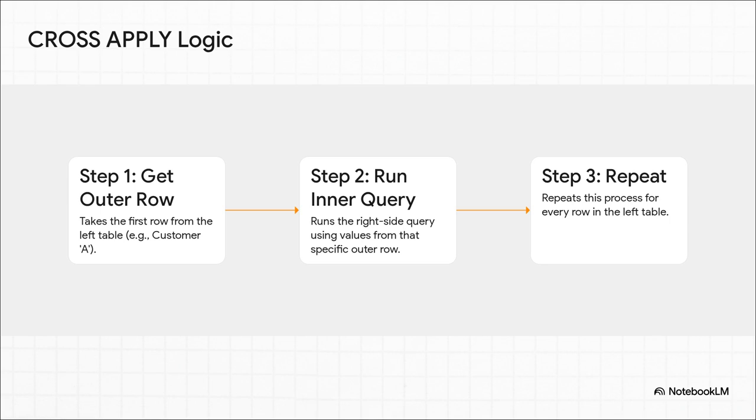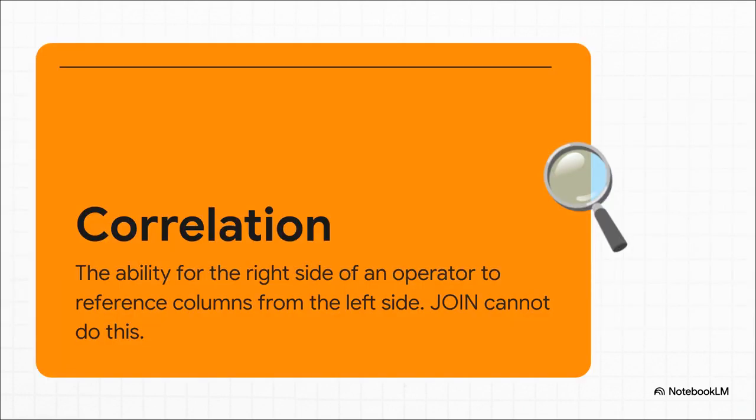It grabs the first row, let's say customer A, and then it runs the entire query on the right, but just for customer A. Then it moves on to the next row, customer B, and does the whole thing all over again. It's pure row-by-row processing. And that row-by-row execution, that's what we call correlation. Apply lets the query on the right side look over and reference columns from the left side. A standard join, on the other hand, can't do that. Its two sides must be totally independent, like they don't even know the other one exists.